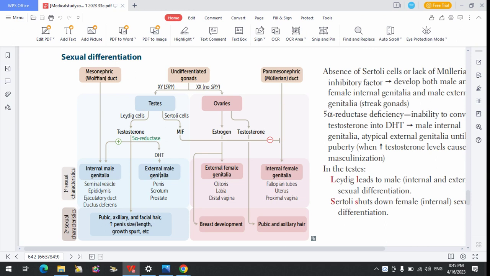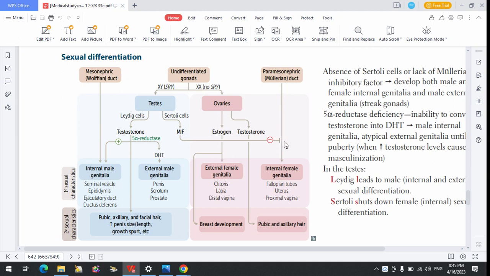The external genitalia and the internal genitalia make up the primary sexual characteristics, while the secondary sexual characteristics are things like the pubic hair, the axillary growth, and all those things. So if this develops the Sertoli cells and the Leydig cells, Sertoli is going to release the MIF that will go and inhibit the paramesonephric duct.